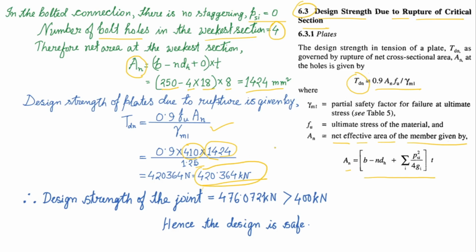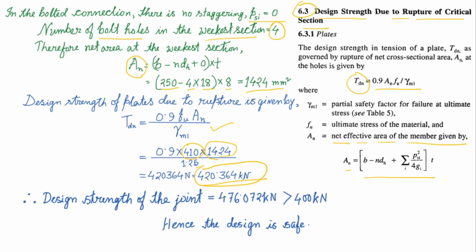So among these four values, the minimum of these four will be taken as design strength of the joint.